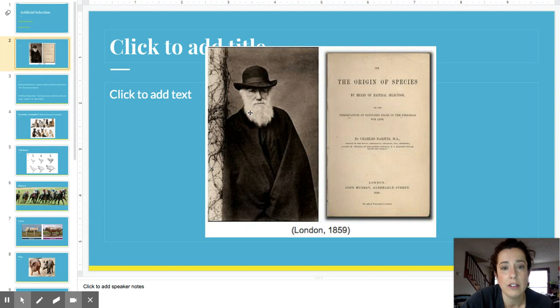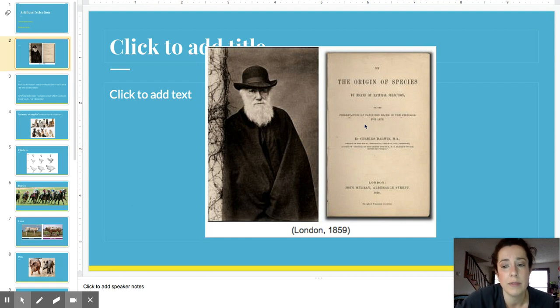This is something that Darwin referred to when he wrote his book, The Origin of Species, as a way to back up his ideas about natural selection. He basically said, well, we've been doing this for years as a human race where we've been growing food and breeding animals.